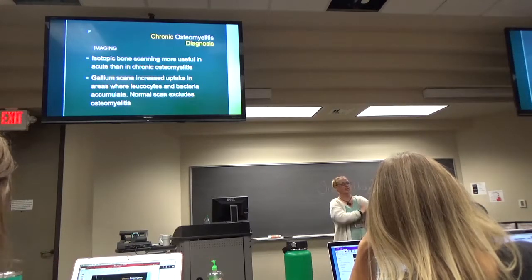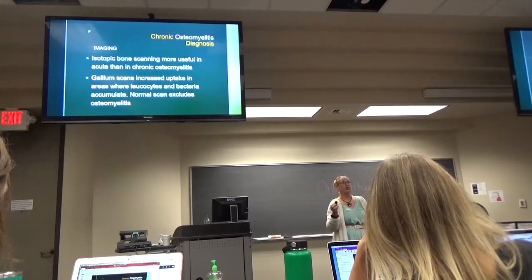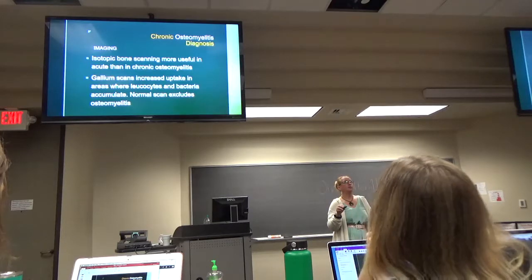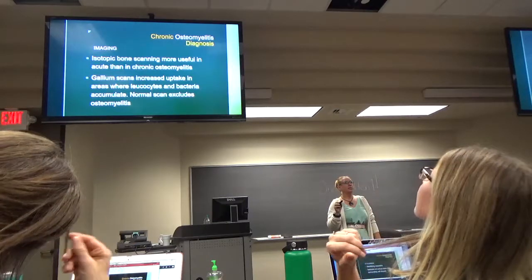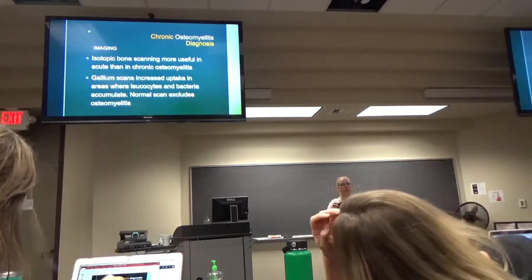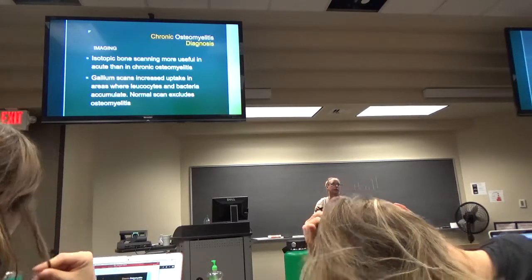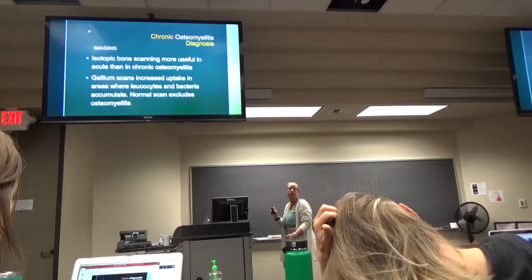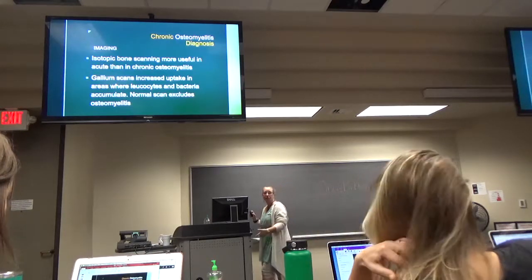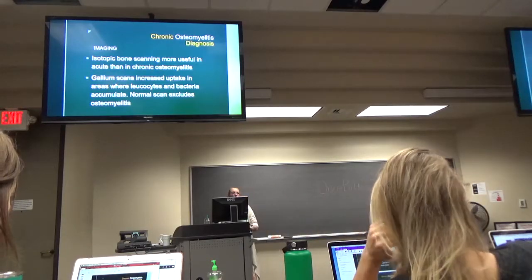I don't know if it has to do with the power of radiation or what. Gallium is the type of marker that helps increase the uptake, so the contrast goes to the area of inflammation, where leukocytes and bacteria accumulate. That's why it shows up and lights up on scan.